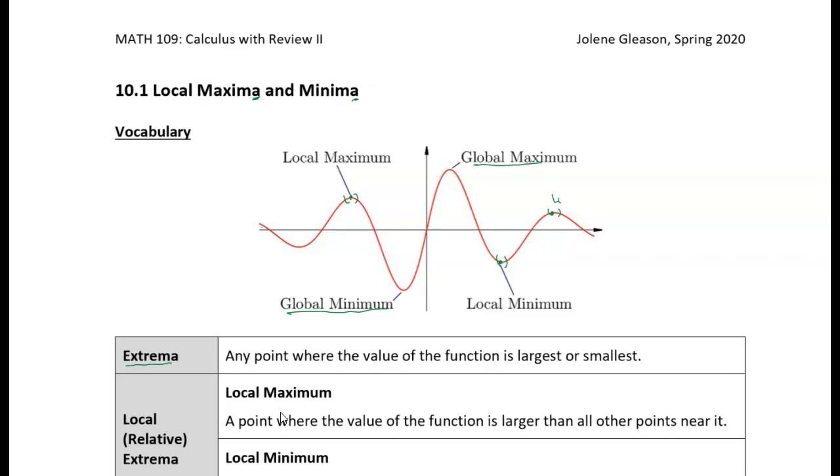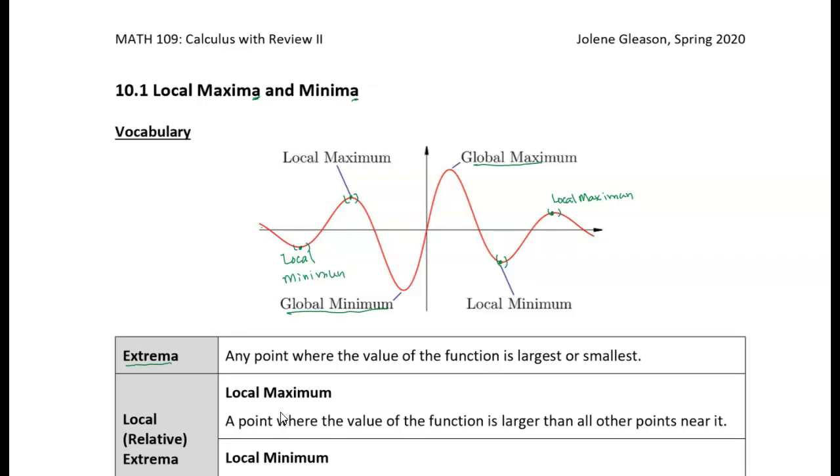But this point here is also a local maximum, just because it's larger than any of the points nearby. Over here we have another local minimum, just because it's smaller than any of the points near it.